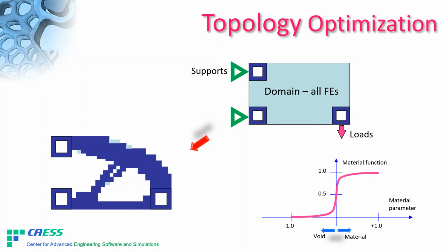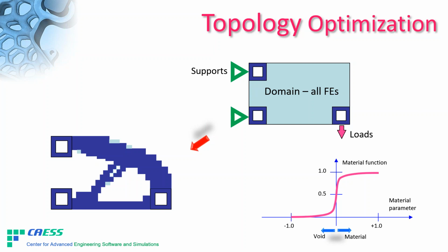So the set of all finite elements in a model with supports and loads forms what we call the domain. And within this domain, the optimizer is free to remove or later restore material or finite elements.